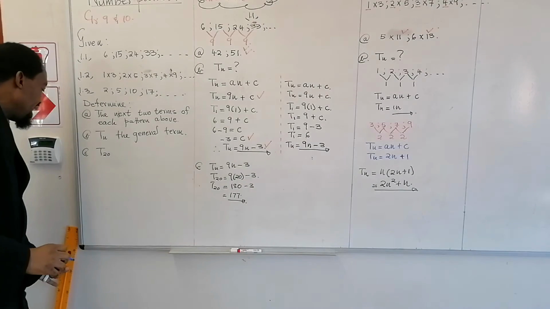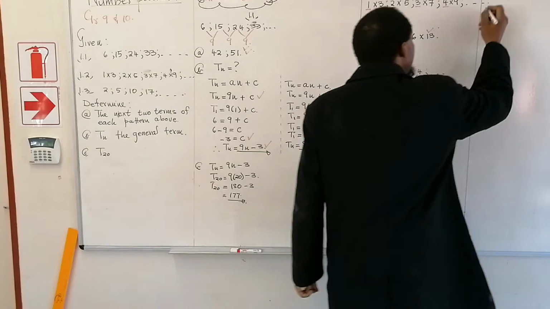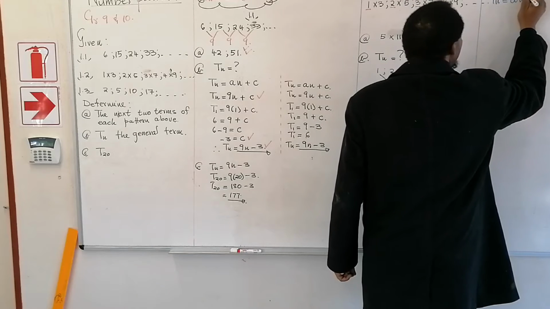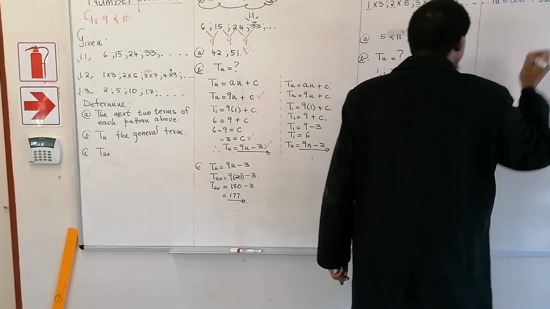A quadratic pattern is defined by Tn, which is an squared plus bn plus c.